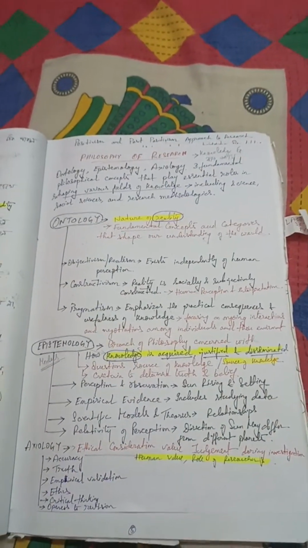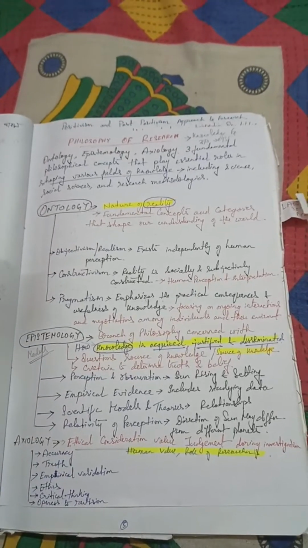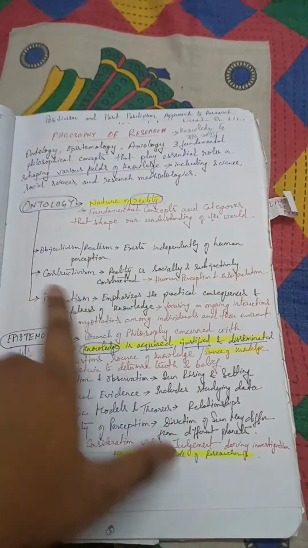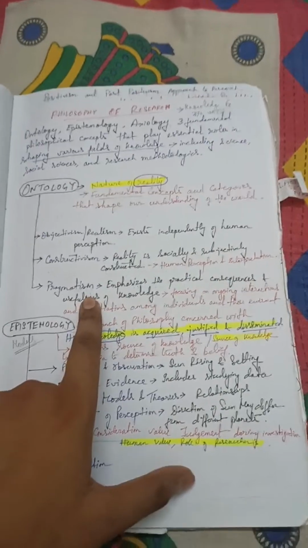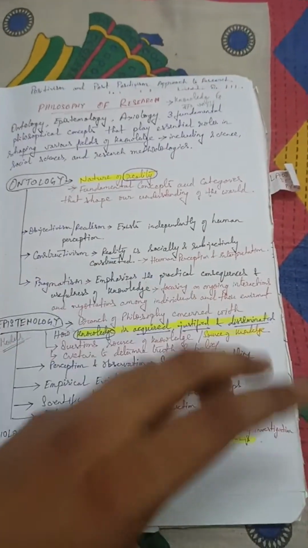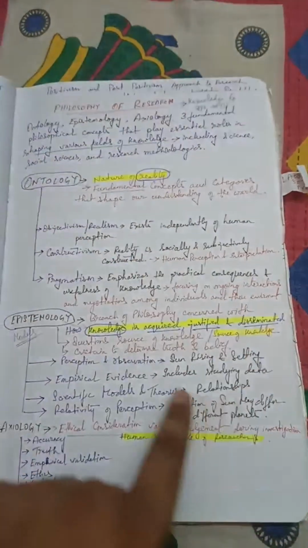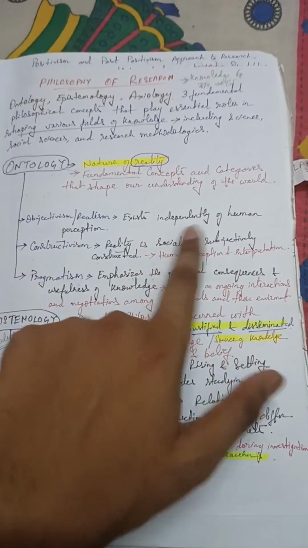What is ontology? Ontology states the nature of reality, the fundamental concept. Objectivism or realism, constructivism, pragmatism. As we are conducting a rapid revision class, we are just stating the names and a quick brief introduction. Ontology, nature of reality, that means reality exists independent of human perception.